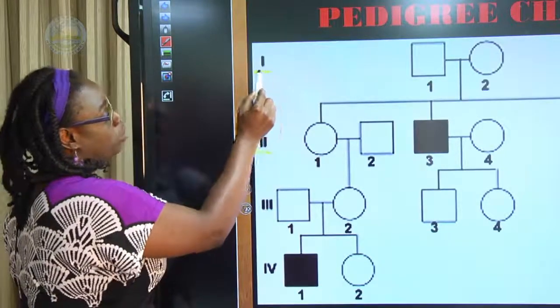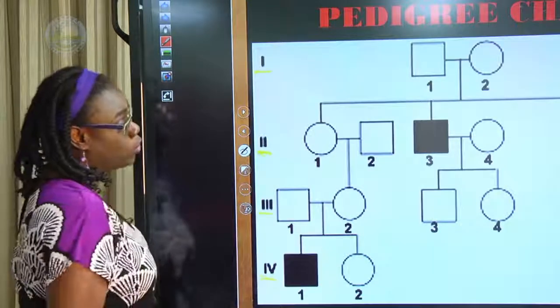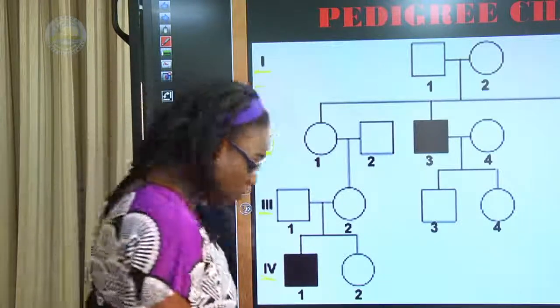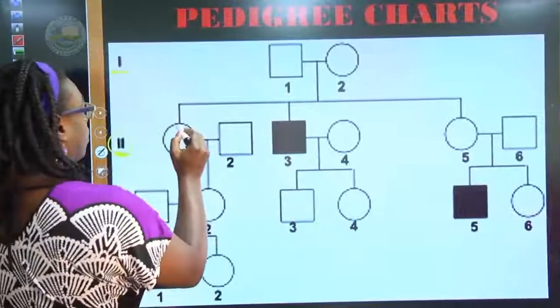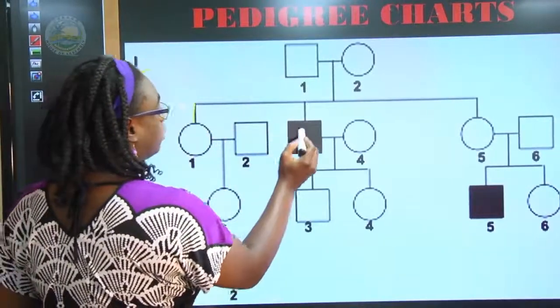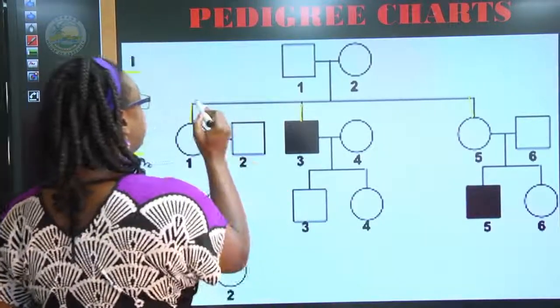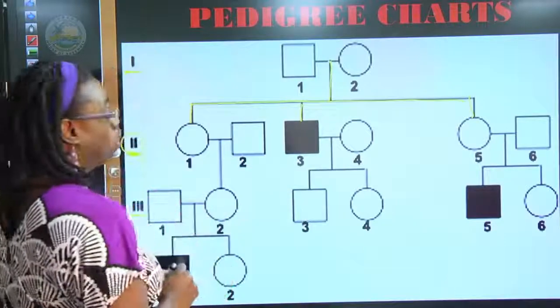So here's generation 1, 2, 3, and 4. In generation 2, we have 1, 2, 3, 4, 5, 6 individuals. Individuals 1, 3, and 5 are offspring of the first union from generation 1.